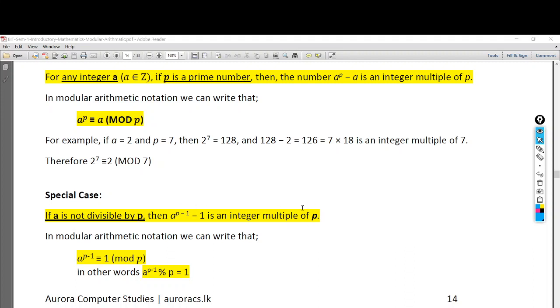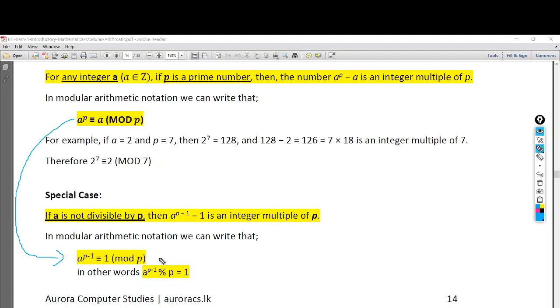Same thing, you can write it as a special case: a to the power p minus 1 is congruent to 1 mod p. In other words, when you divide a to the power p minus 1 by p, you get remainder 1. Okay, so that is a special case, right?